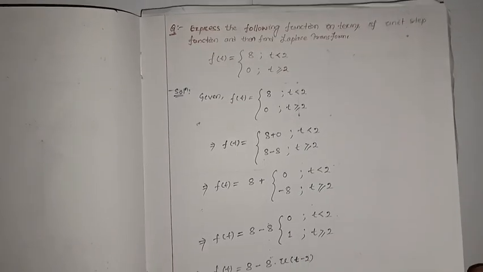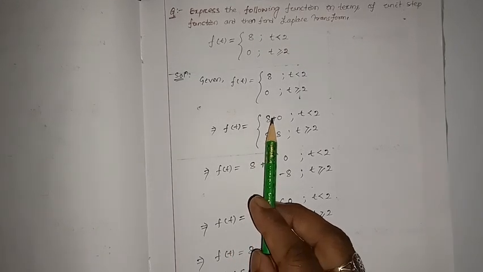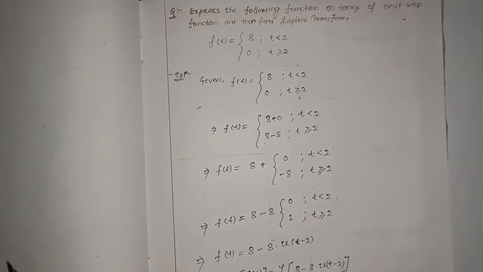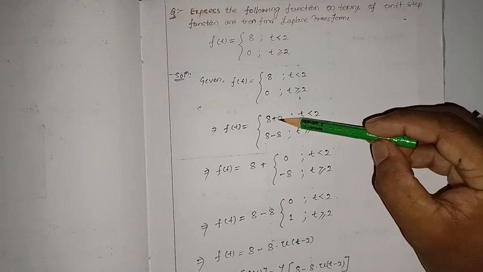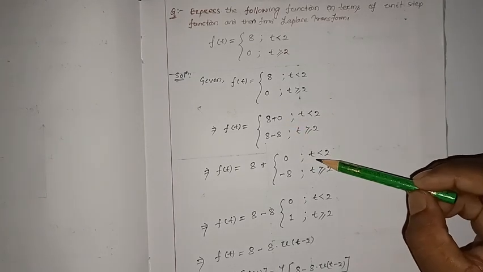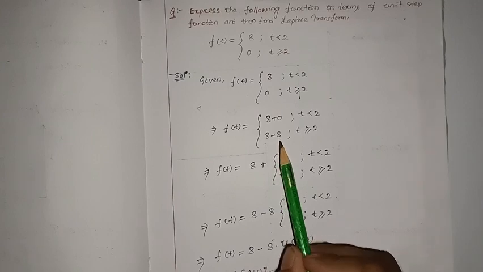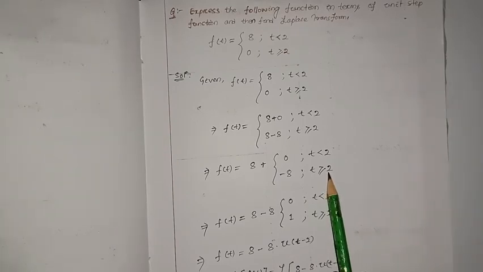Now here I take 8 common from these two terms. If I take 8 common, it will be 8 plus 0 when t is less than 2, and 8 minus 8 when t is greater than or equal to 2.